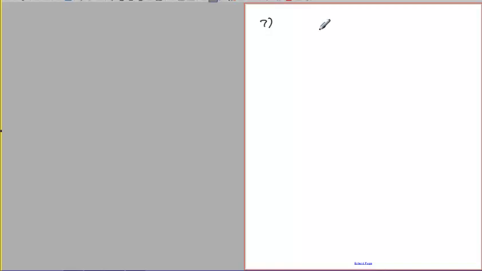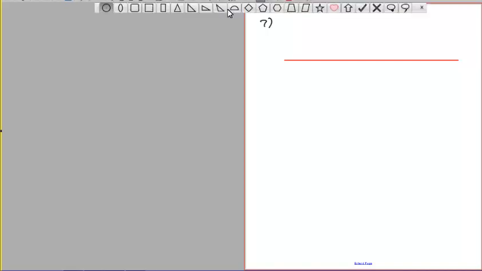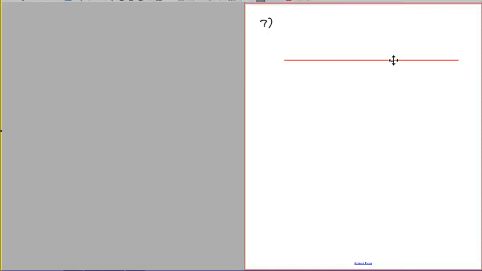So let's draw a picture. We don't necessarily need to draw a picture in this case, but we're going to do it anyway. So this is our primary axis, and I'm going to draw a mirror. I've never tried this before, so I don't know how this is going to work.